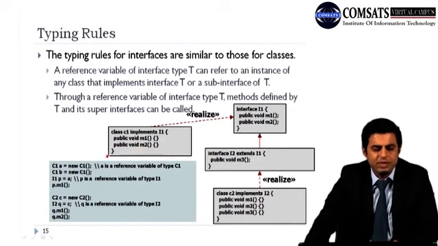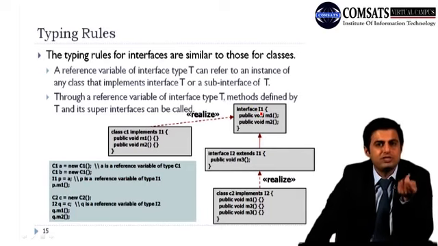But how you use them is that you have C1 A. A is a reference variable of type C1, and you have B, which is again a reference variable of C1. Here you have P, which is a reference variable of type I1. Now what is I1? I1 is the interface. Remember, you can use an interface as a data type. So here is an example of that usage, I1 is being used as a data type here.